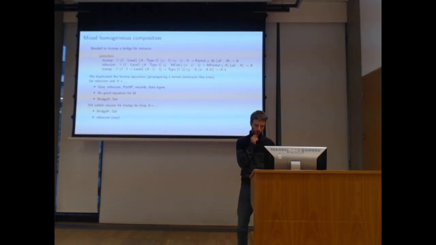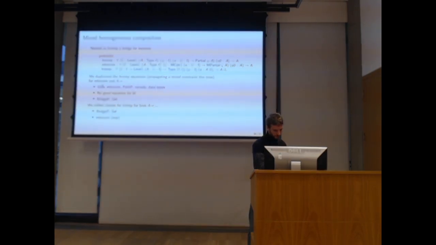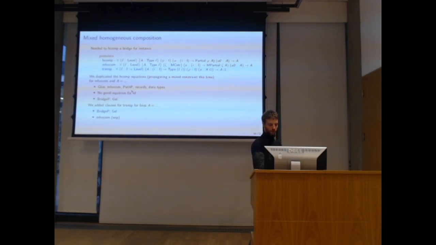And this time I had to propagate a mixed constraint. And I did that for when the focus type A was glue, mixed composition, part B, record, and data types. And there are no good equations for it. And the CH paper specifies rules for doing that for the bridge type, the gel type, and transporting along lines of bridges, gel types, and mixed compositions as well. And the last one is a work in progress, actually.